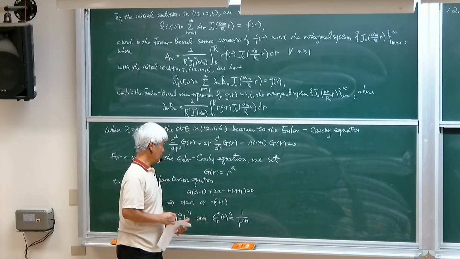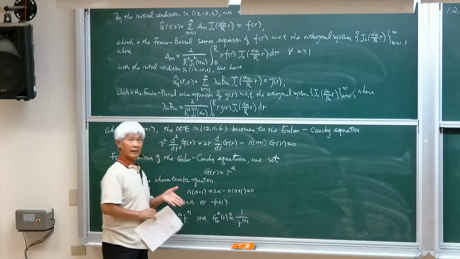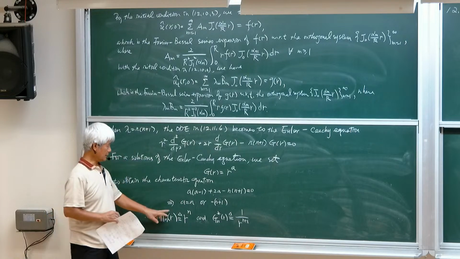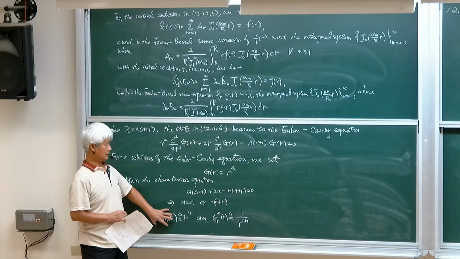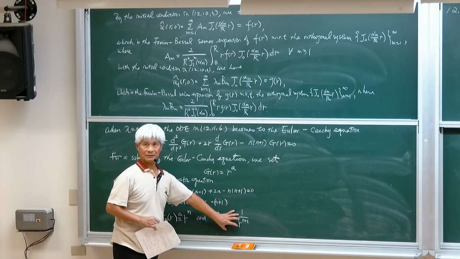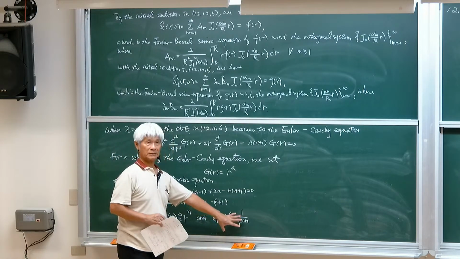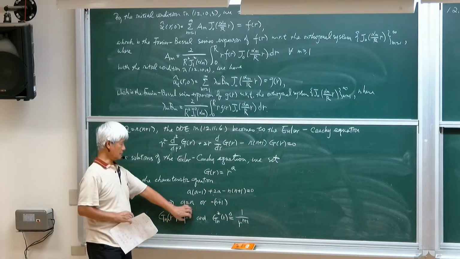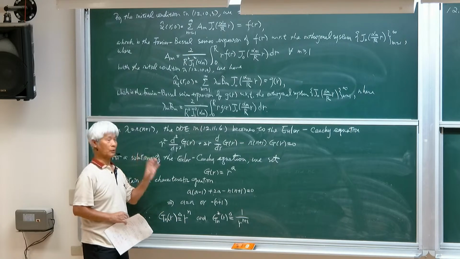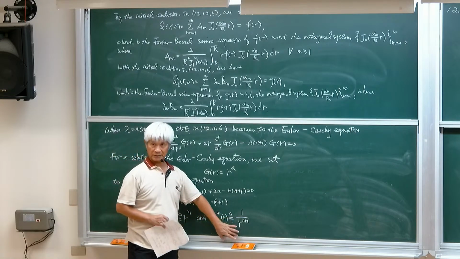Because when r goes to 0, this function is finite, but this function is infinite as r tends to 0. And if r goes to infinity, then this one is unbounded, but this one will go to 0.